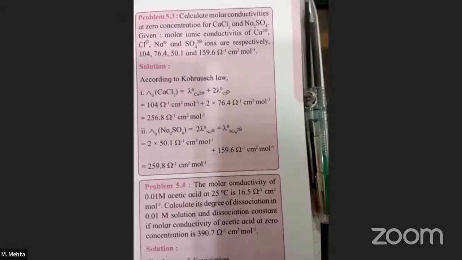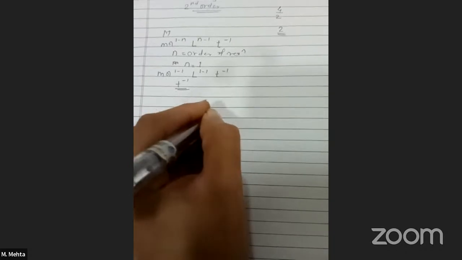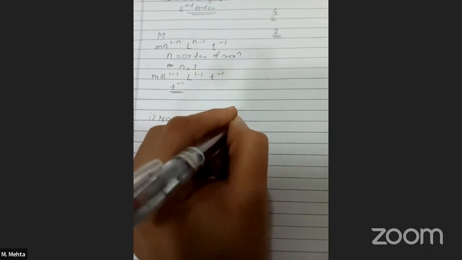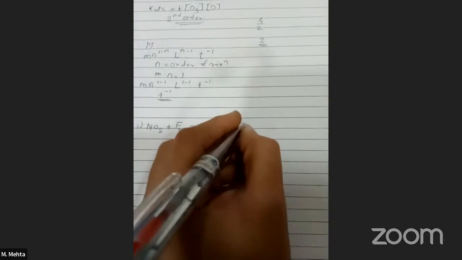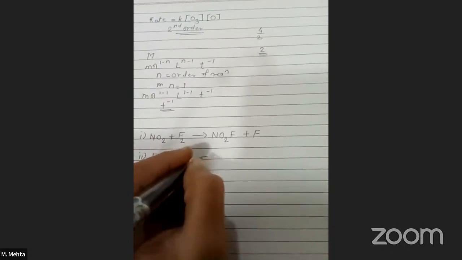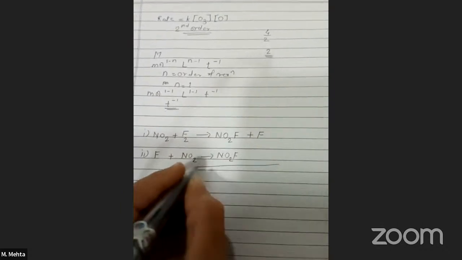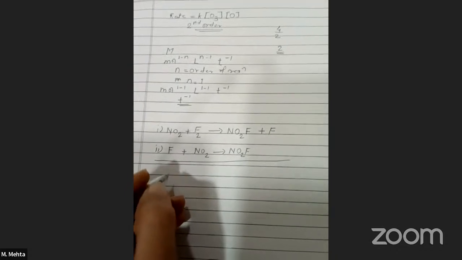To write that, simply you have to add the two given reactions. The first given reaction is NO2 plus F2 gives NO2F plus F, and the second given reaction is F plus NO2 gives NO2F. So to find the overall reaction, I have to add these two reactions.